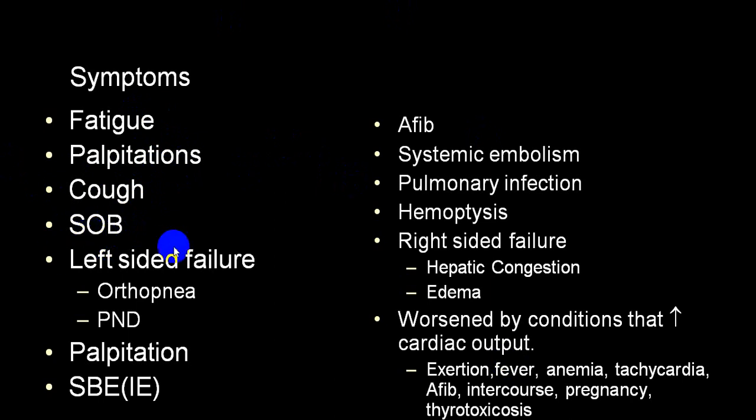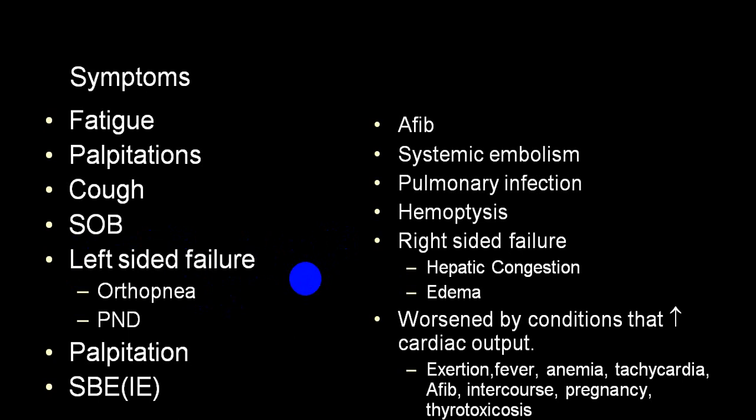If a person has severe mitral stenosis, he will develop left side failure. Actually, not a left ventricular failure. We use the term left side failure, or we call it pulmonary edema, which produces orthopnea and paroxysmal nocturnal dyspnea. Infective endocarditis, systemic embolization, pulmonary infections, hemoptysis.